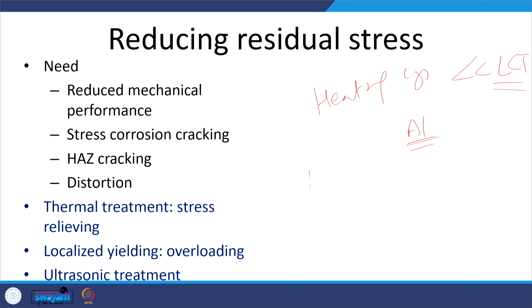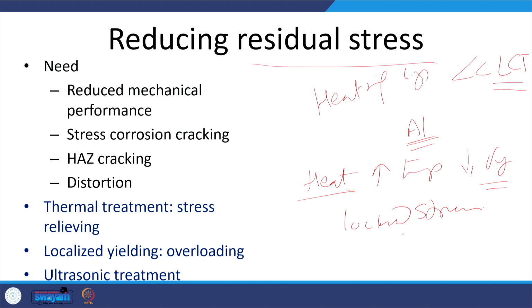So, what happens when we heat the metal? Increasing the heating will increase the temperature, and that in turn will reduce the yield strength. Once the yield strength is reduced, the locked-in strain, which was contributing towards the residual stress development, will be reduced. And once the locked-in strain is reduced, our residual stresses are also reduced, because σ = E·ε, where E is the material property and ε is the locked-in strain.